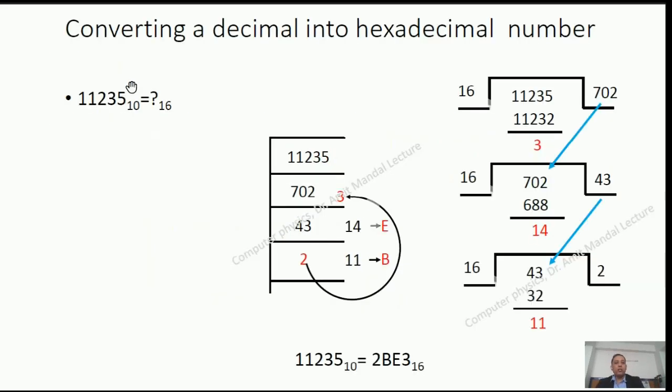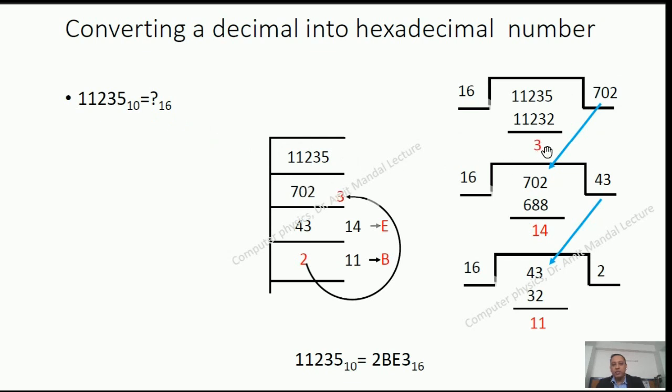Now, suppose this is the decimal number. We will learn directly by example. That is 11235 decimal. We want to convert it into hexadecimal. Now, what you have to do is divide 11235 by 16. You will get some quotient and some remainder. Write the quotient just below this number 11235, and the remainder aside of it.